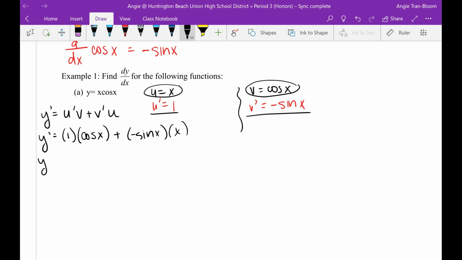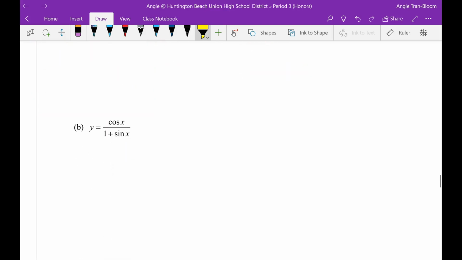So let's try to simplify this. y prime is now cosine of x. I'm going to bring the x in the front, so minus x times sine of x, and this is as far as you can go. There's not much you can do here, so box it up, and that's your final answer for the derivative of y.